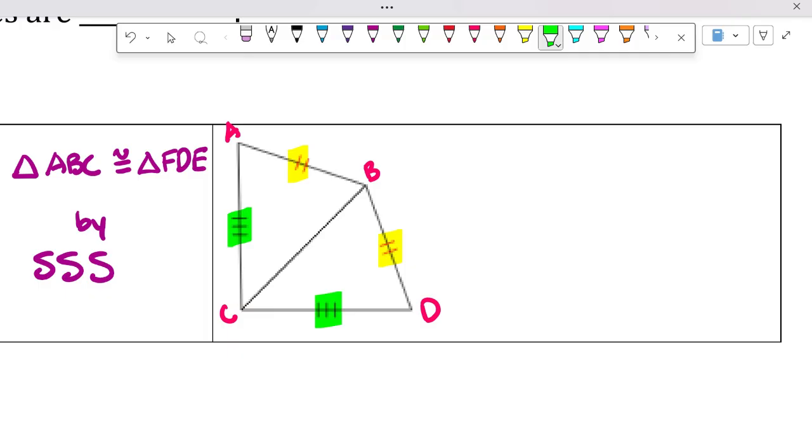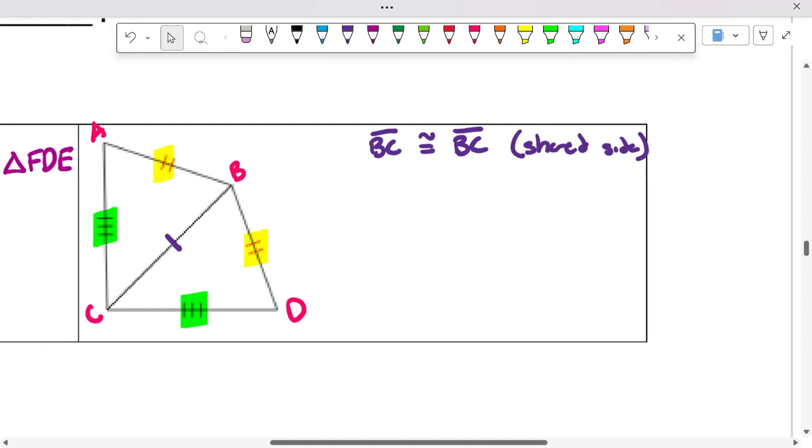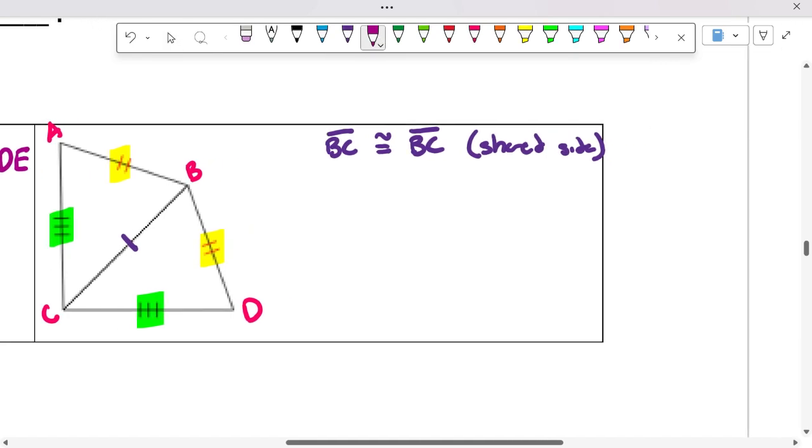Because they're connected. They share the side. So logically, could we not say that CB is congruent to itself because they share that side? Yeah. So we can say BC is congruent to itself because that's the shared side. Now, this actually has a name. If 2 triangles share a side or even share an angle, this is what they call the reflexive property.